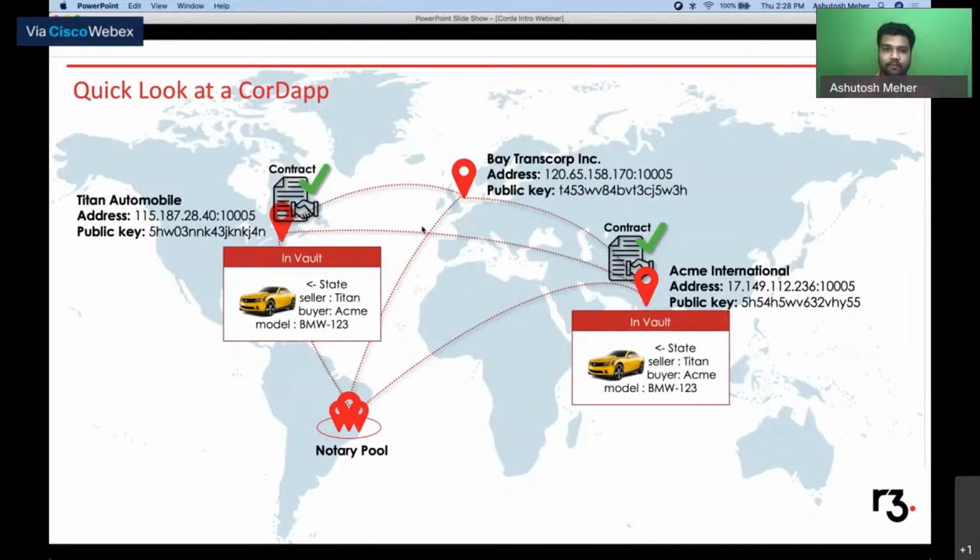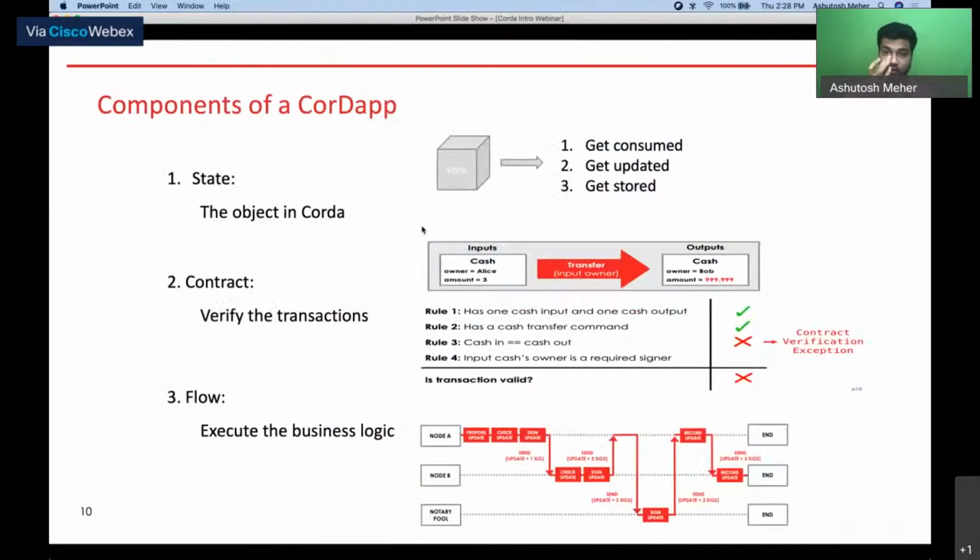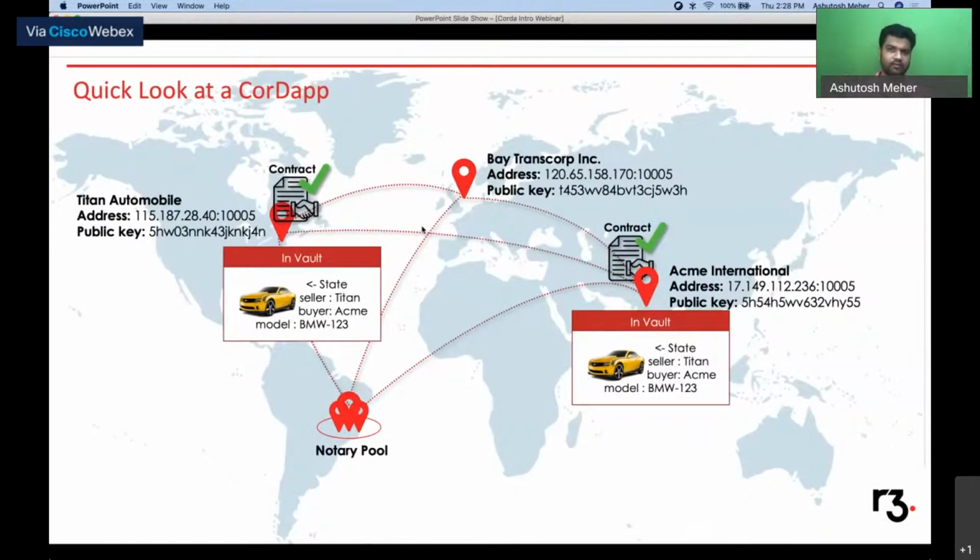And next, we have something called flows. Well, we can't show you the flows here. Flows are more like the business workflow around a particular business process. Whenever there is a sale of this vehicle, perhaps there will be a workflow with a certain number of steps that you have to take care of in a sequential manner.